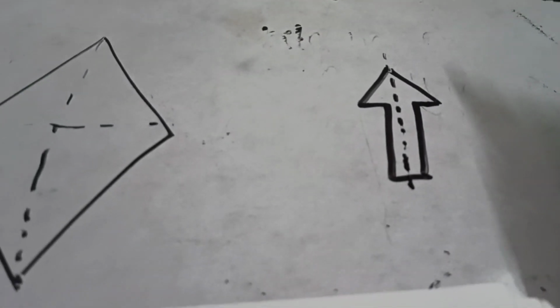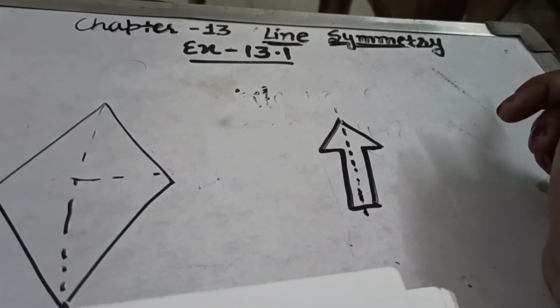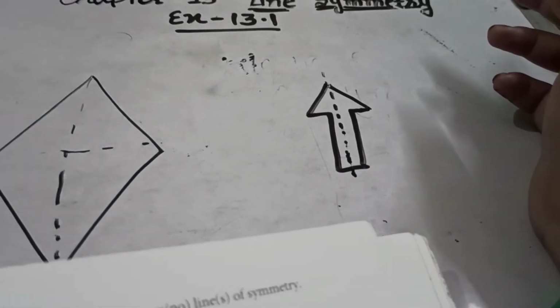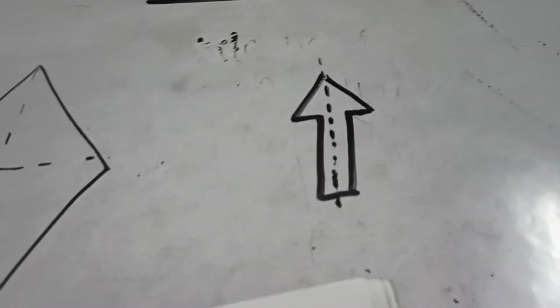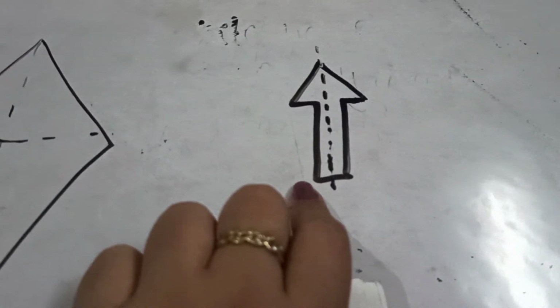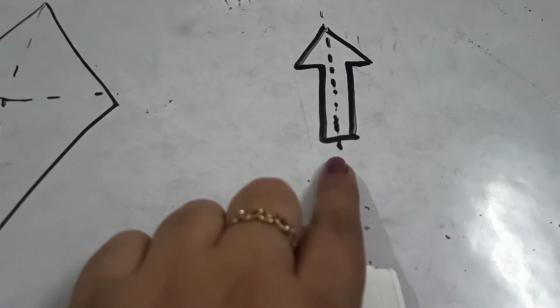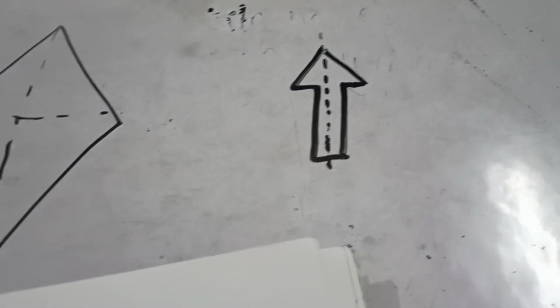In this, the line of symmetry is a vertical line. You have to check by which line you will get the symmetry of the figure, right? If vertical, firstly check by vertical. If it is possible, then good. If it is not possible, then try with the horizontal line.